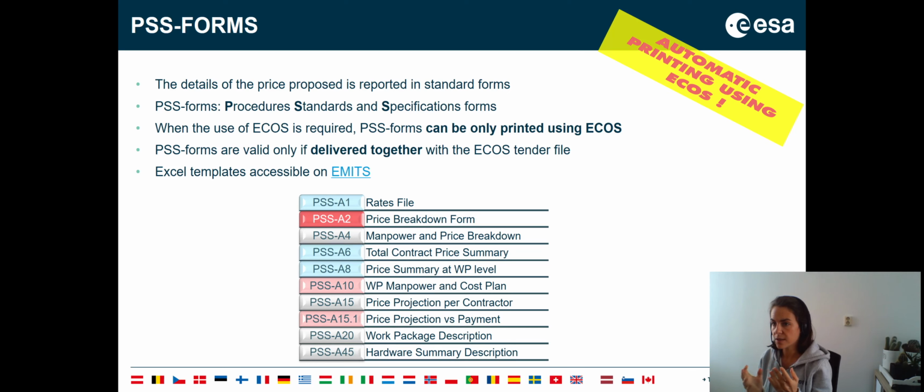Because it's easy from the tender file to produce these forms, we will ask you only for a few, and if we need more, we will be able to produce them ourselves anyway. That's why in the past we used to ask for a lot of PSS forms, a lot of forms in general. Today, only a few of them are needed to be included in the proposal.